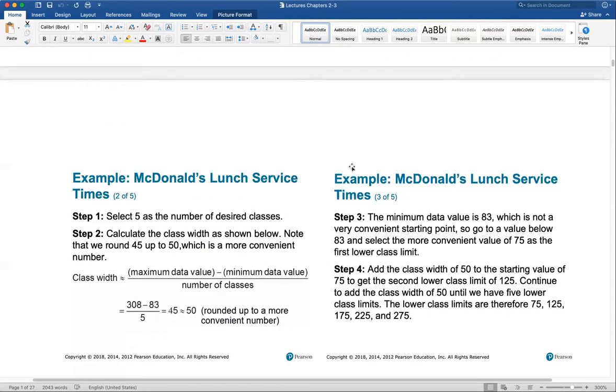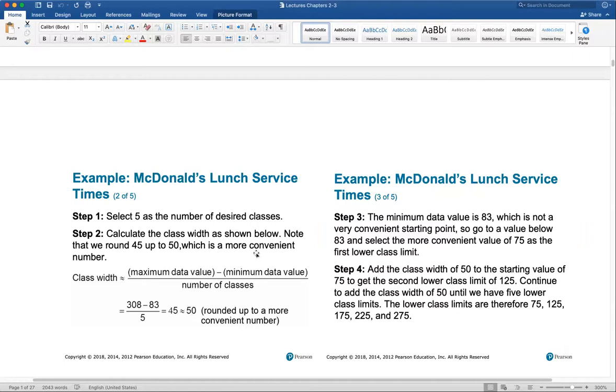And the minimum data value must be 83. Then divide by 5, which gives 45. Then we round up to a more convenient number, 50. It totally depends on the problem. Sometimes you don't have to round up. But normally, with 45, if the first digit is greater than or equal to 5, you're better off rounding up.